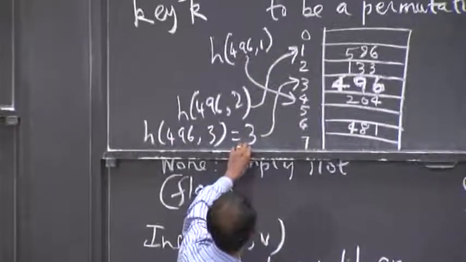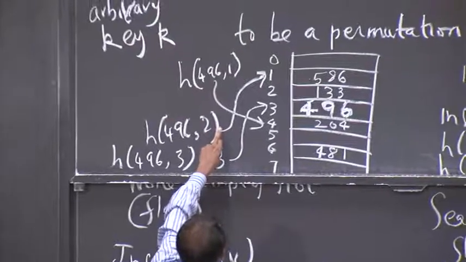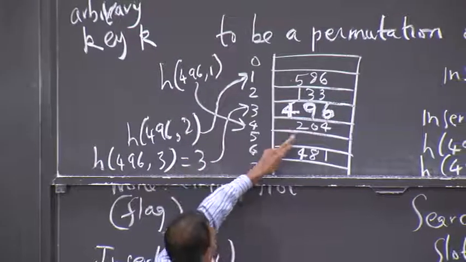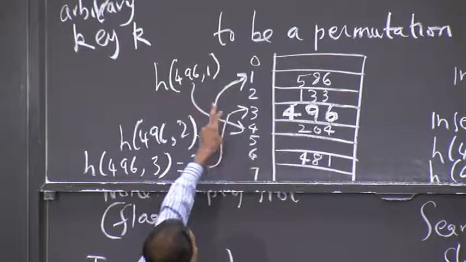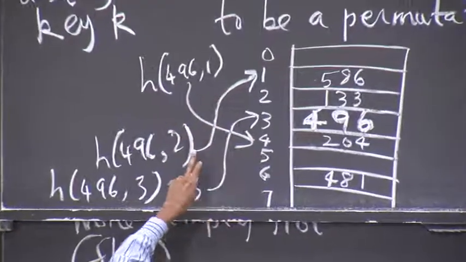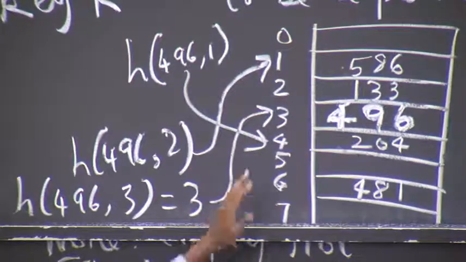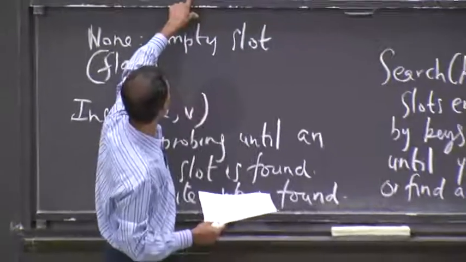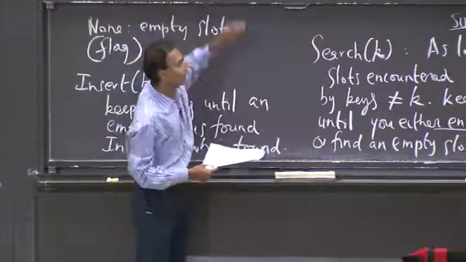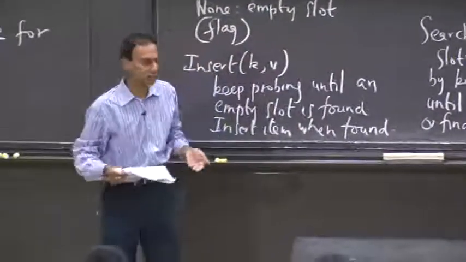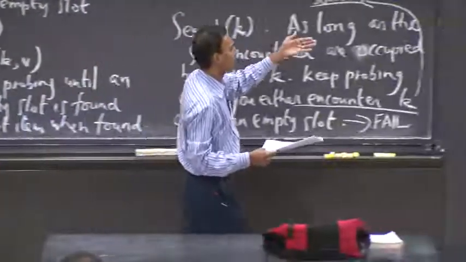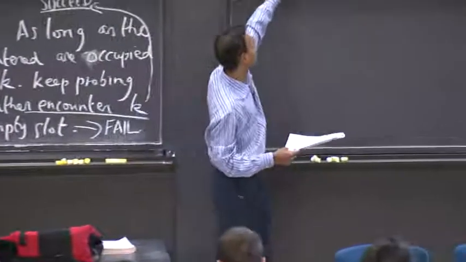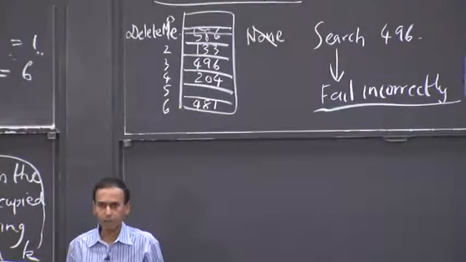Oh, I'm sorry, I had 204 first as the first trial, and then in the second trial, I had 586, and I would continue beyond the second trial and get to the third trial, and in fact return 496 in this case, which is exactly what I want.